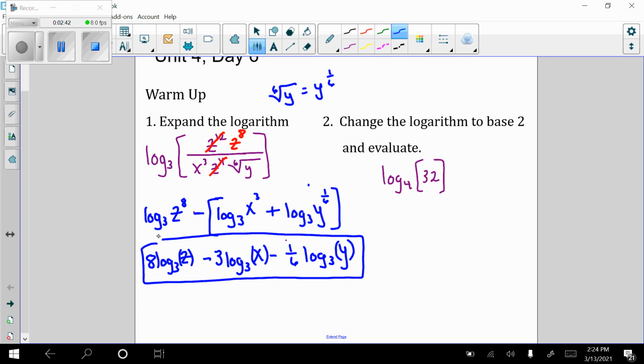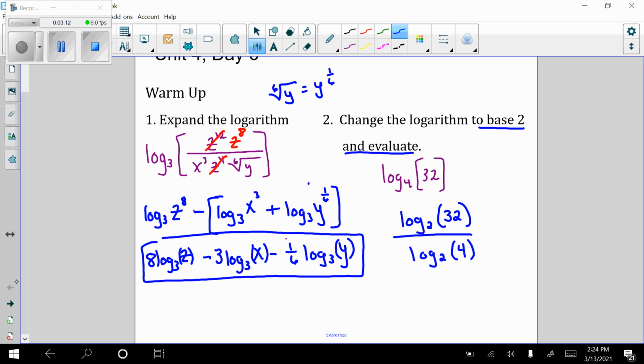So on this one, I know that you could put this in your calculator and evaluate it, but to apply the change of base formula, they're going to ask us to change this to base 2. So I can apply that change of base, and I can change this to log base 2 of 32 over log base 2 of 4. So once you do that, hopefully you recognize that 32 is a power of 2.